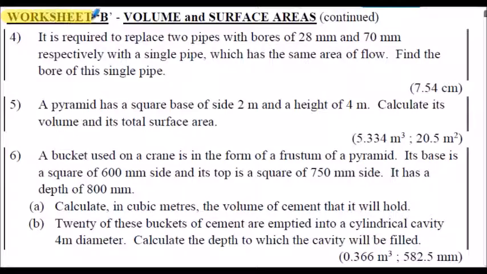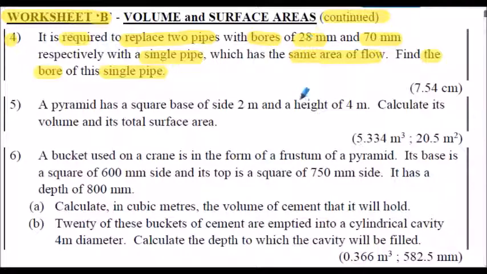Questions continued here. In question 4, we're required to replace 2 pipes having bores, that's internal diameters, of 28 millimeters and 70 millimeters, with a single pipe that has the same area of flow, same cross-section area basically. We've got to find the bore, the internal diameter of this single pipe.